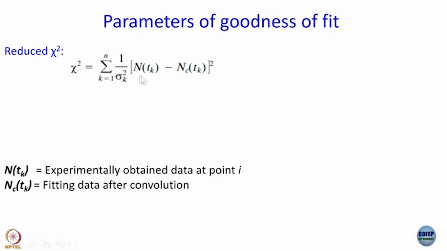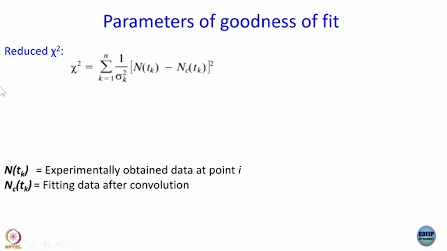And what is all this N at Tk and Nc at Tk? N at Tk is the experimentally observed data at point Tk, actually I do not know why I have written i, it is not i, it is Tk, and Nc at Tk is the fitting data after convolution at the same time Tk. What do we have in the numerator? You have the difference between the experimental value and the fit, and you have taken the square of that.